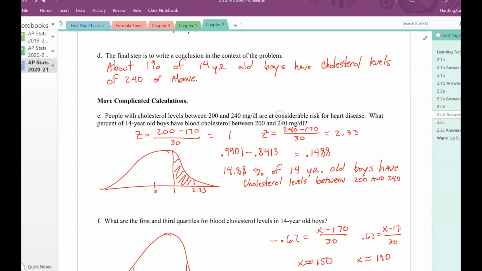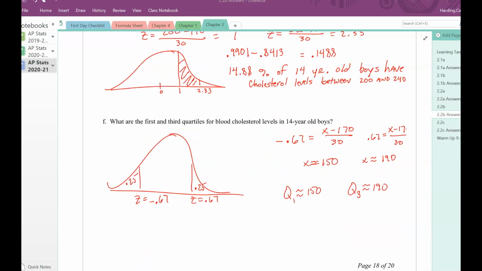So in Part F, we're looking for the first and the third quartiles. Now remember that this distribution is symmetric. So here, 0.25, I want to find the cutoff z-score for the lowest 25%. So I'm going to look in the center of the table to find as close to 0.25 as possible, and you'll come up with a z-score of negative 0.67.